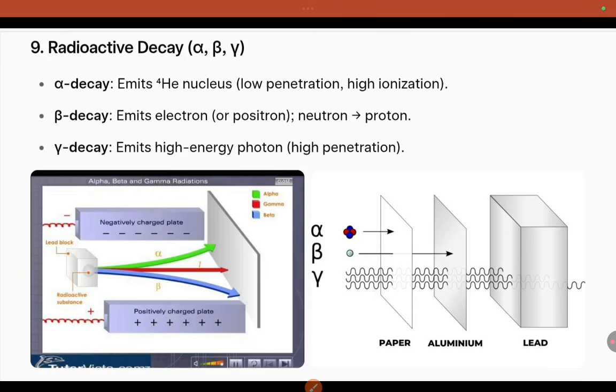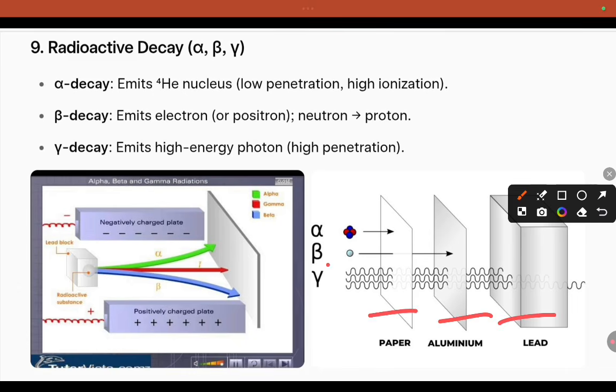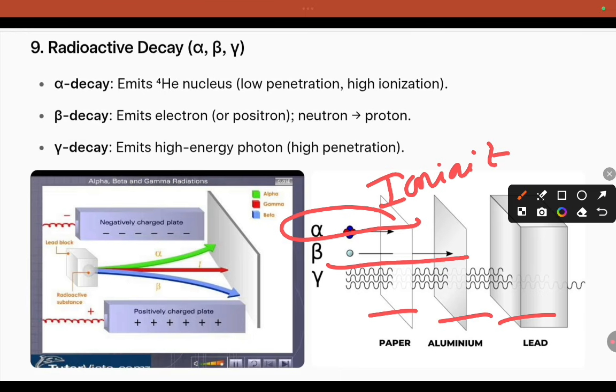Gamma rays can pass through paper, aluminum and lead, but beta is restricted to aluminum, and alpha only to paper. That is the reason alpha has high ionization whereas gamma has low ionization. But coming to penetration, that means striking property, alpha is the least and gamma is the highest.